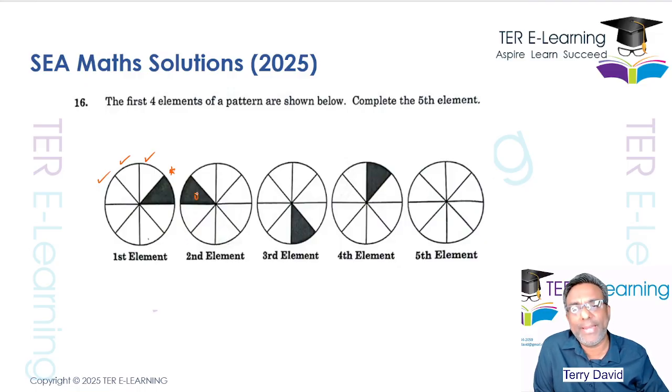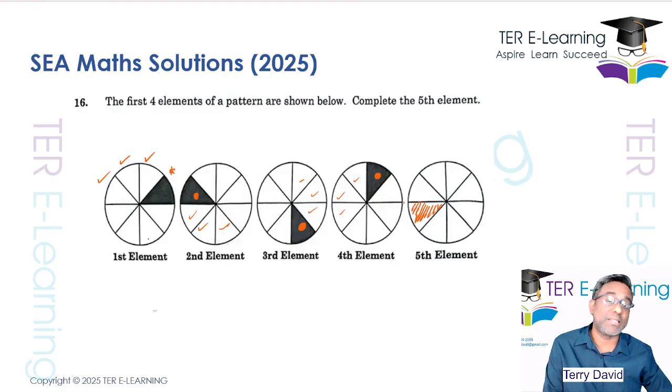So you end up here. Then if we go 1, 2, 3, you realize you end up here. Then from here now, we're going to check 3 again. So you're going to go 1, 2, 3. So it's actually here. So now we're going to check 1, 2, 3. So we expect this here to be the position of the 5th element. So that's going to be the answer for that one. So that's number 16.